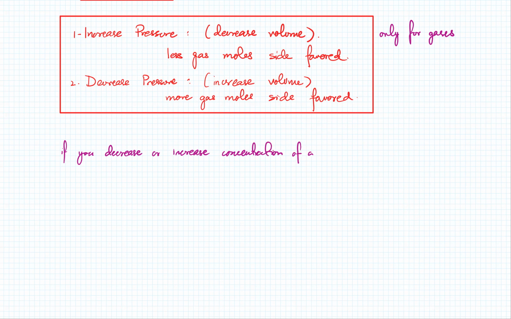Concentration of a reactant or product, so the equilibrium does the exact opposite.